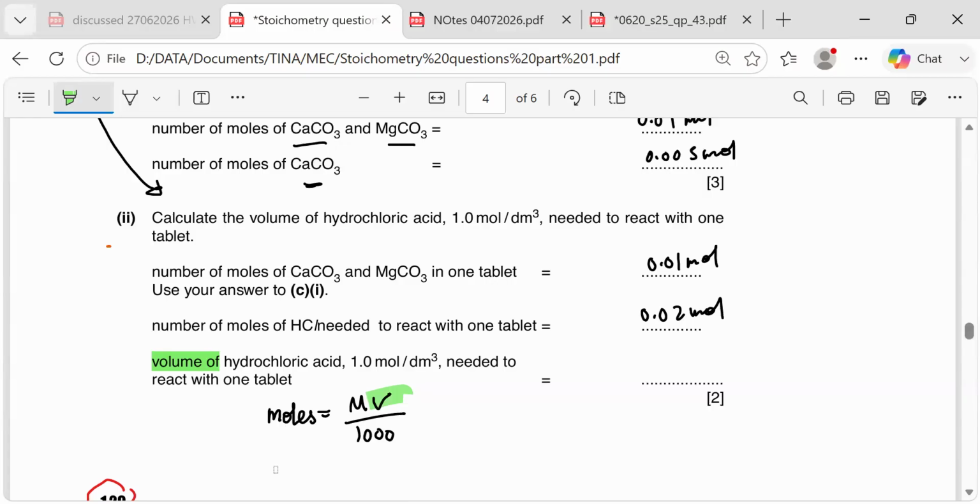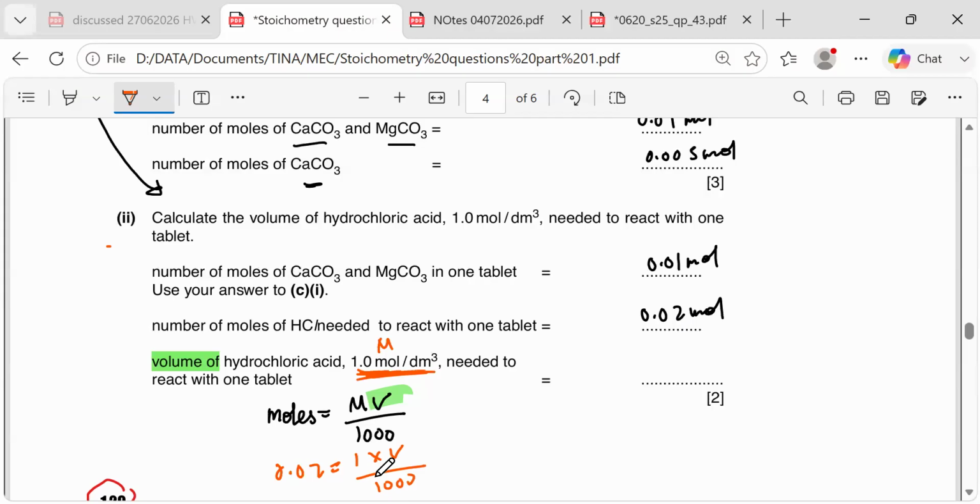Okay, what's the answer? 0.02. M is 1 there. 1 mole per decimeter cube. This is M. So 20.